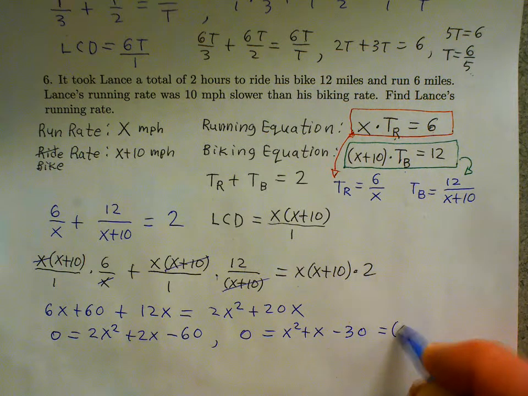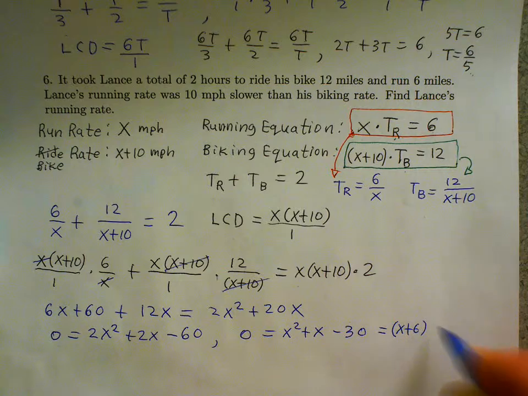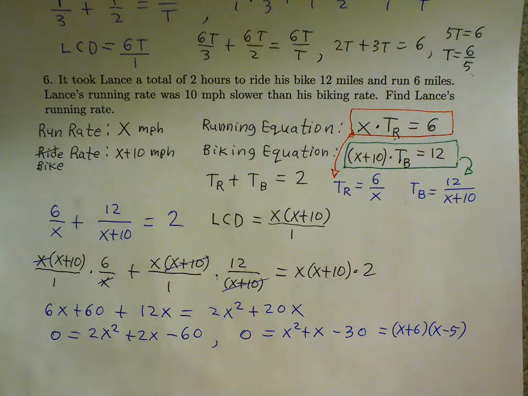One factor is x plus 6. The other one is x minus 5. You can verify that just by looking. Positive 6 times negative 5 is negative 30. And positive 6x minus 5x is 1x.